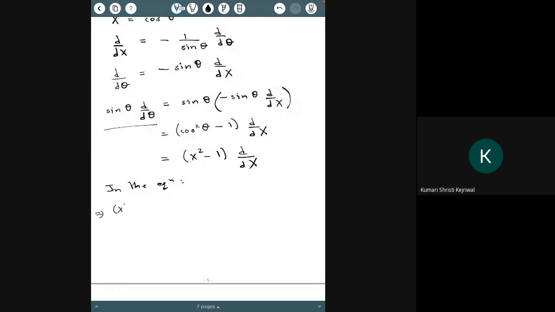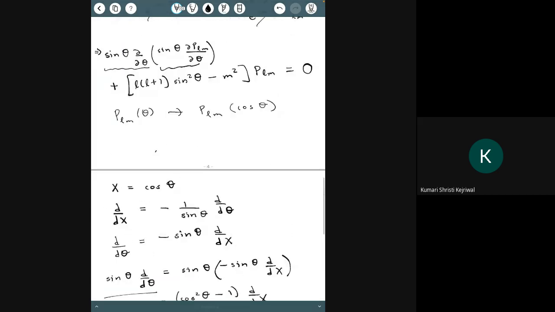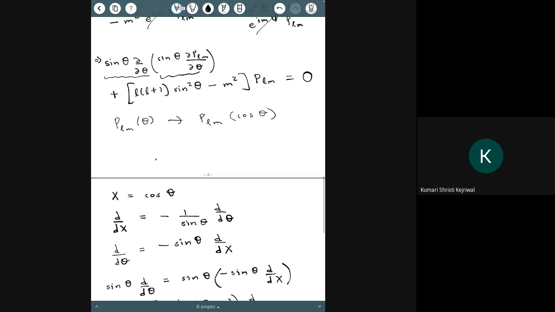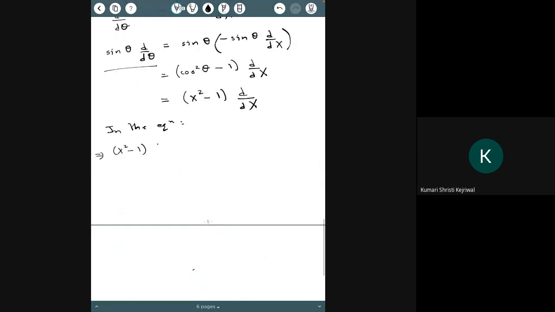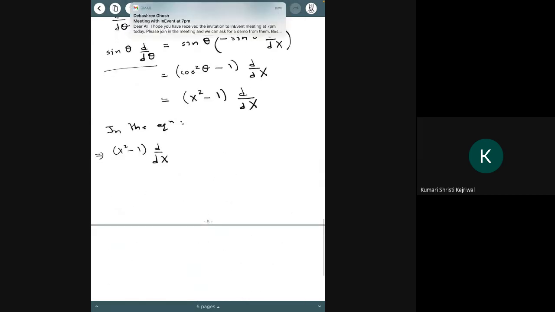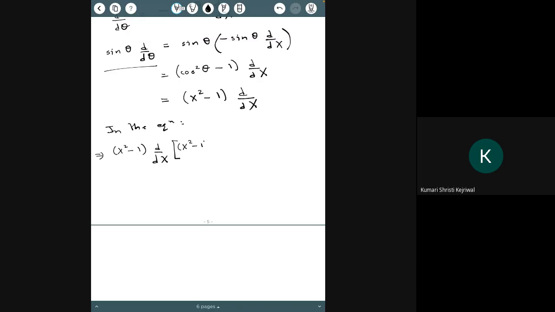So we get x squared minus 1 d/dx, and then x squared minus 1 d/dx of P_l^m.